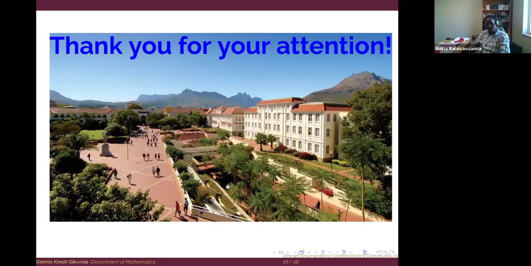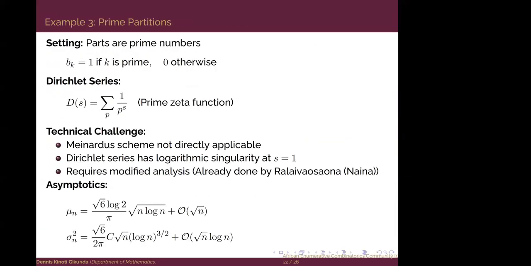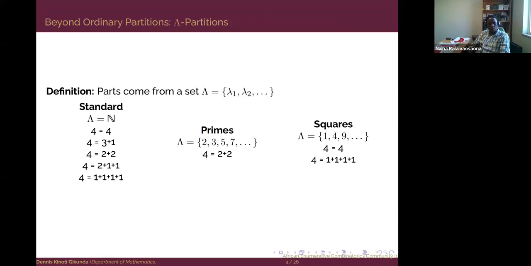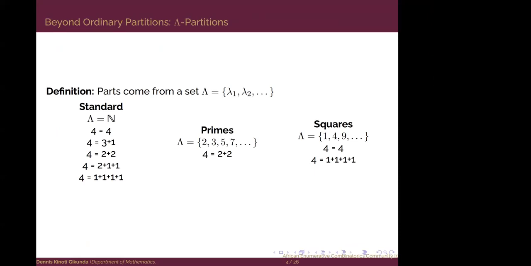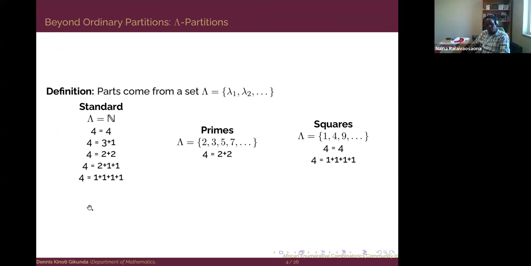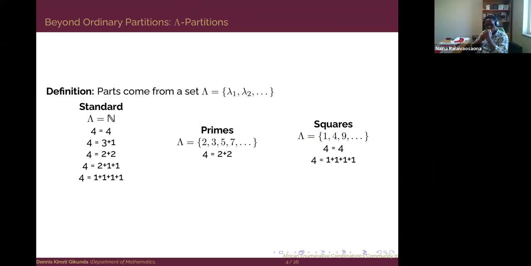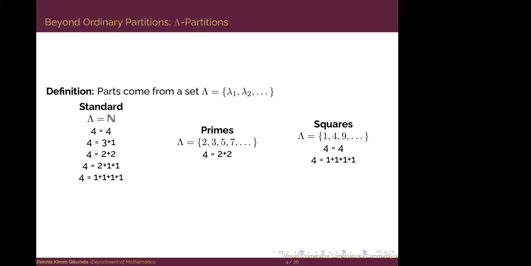For example, if you go back to the table that you had with the partitions, I don't know if you can share your screen again. Yes, with the partitions. So for that first partition, for 4, the corresponding run sorted binary word of length 2n would have 4 zeros and 4 ones.